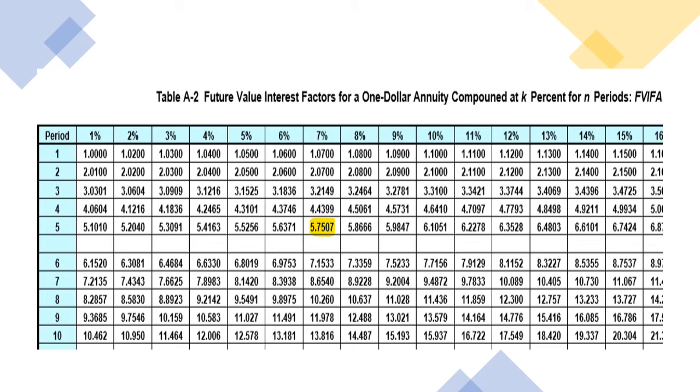Look at the period column and go to number 5, because we have n equals 5, and go through the interest rate row till you reach 7%. You will get the factor equal to 5.7507. So we can use this factor to find the future value of depositing 1000 Egyptian pounds at the end of each year over the next 5 years.